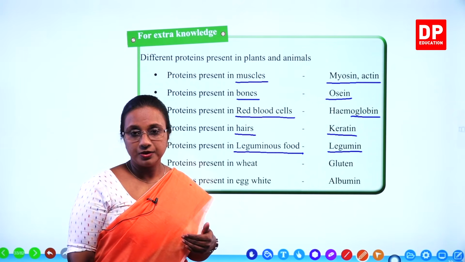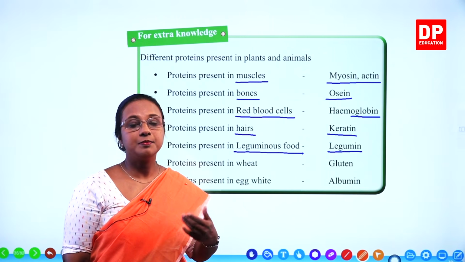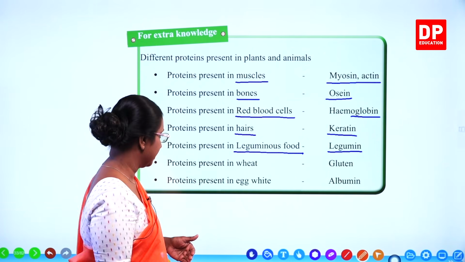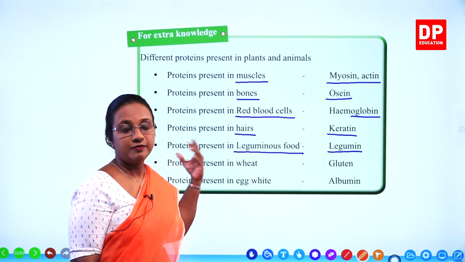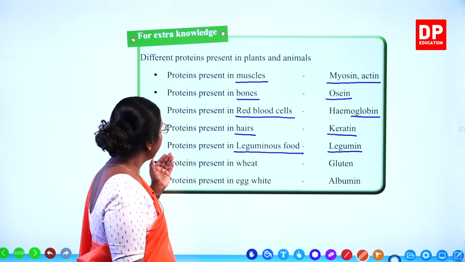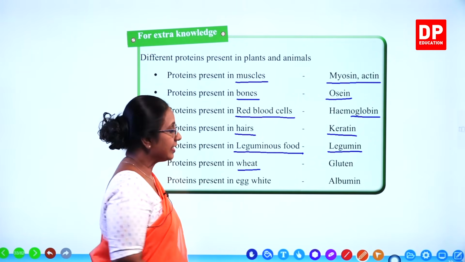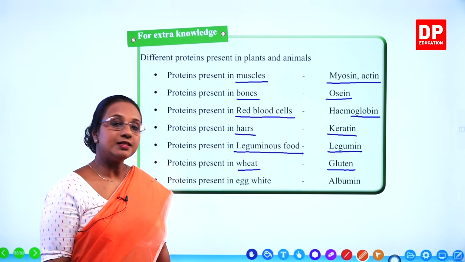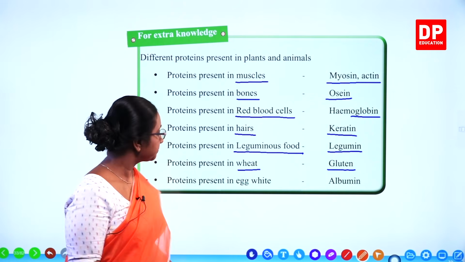Legumin is the protein that is present in legume plant products. That is beans, long beans, soya beans. So that provides us with lot of protein. When we consume this food, we get lot of protein. Then there is protein in wheat. Wheat has gluten protein. That is another type of protein that is present in wheat.